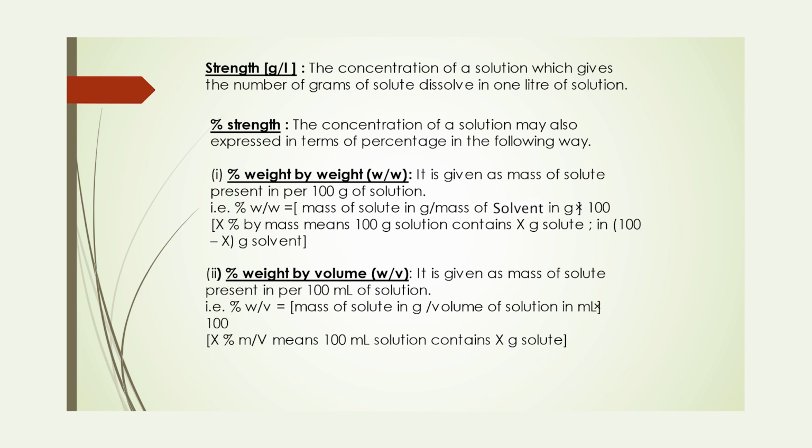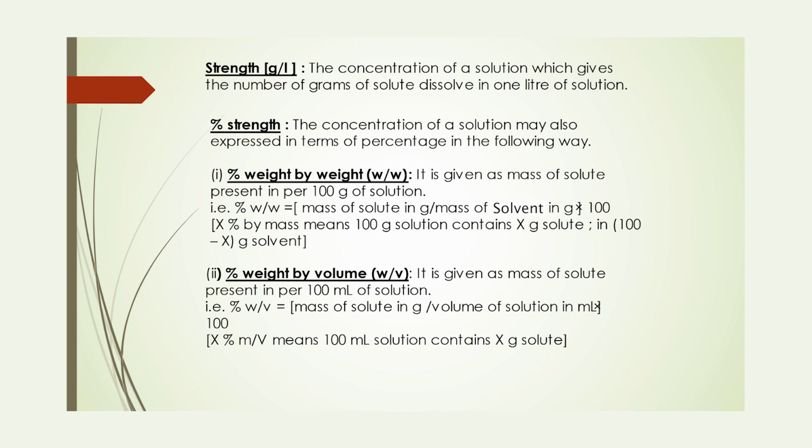The second one is percent mass by volume. It means that x gram of solute dissolved in 100 ml of solvent. Again, example goes like that. 2.5 gram of glucose dissolved in 50 ml of solution. Calculate percent m by v strength of solution.